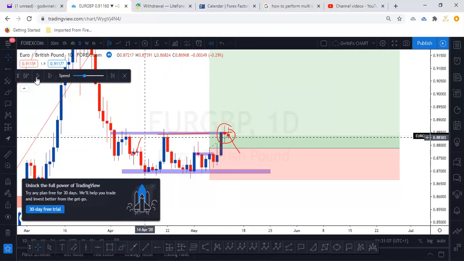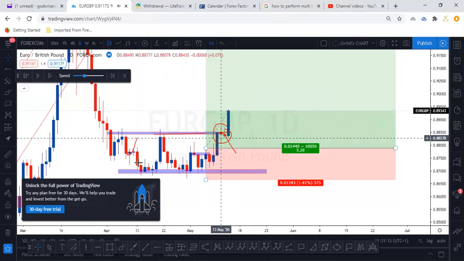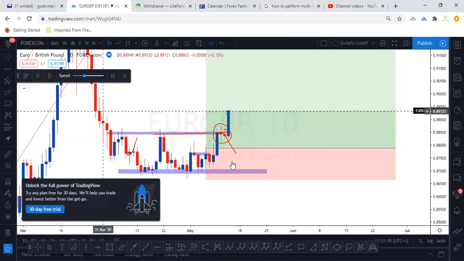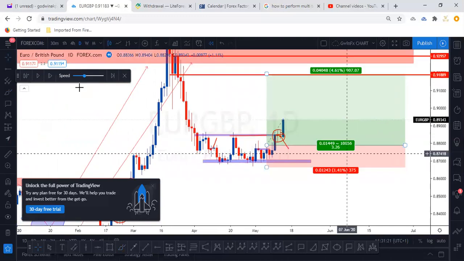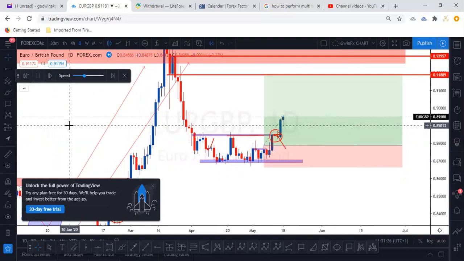Next day, how are we faring? And we could see that this played out well, also similar to this. So we are on core profit. Risk 1:3, risk to reward trade. Let's see how long it will take us to hit our take profit.